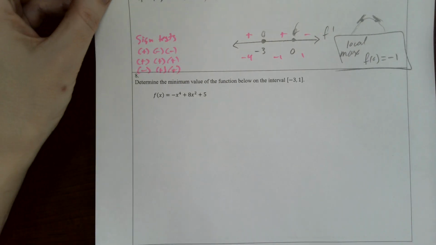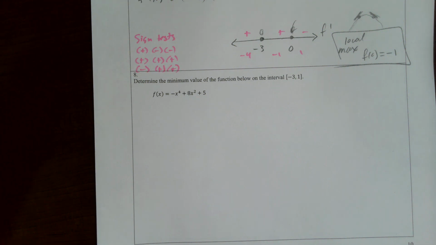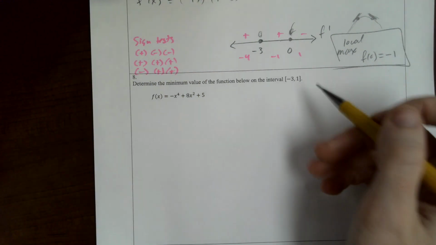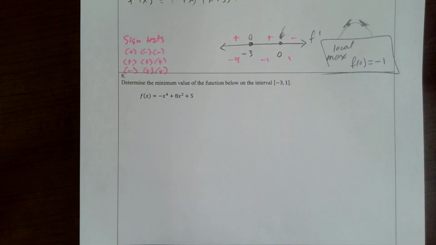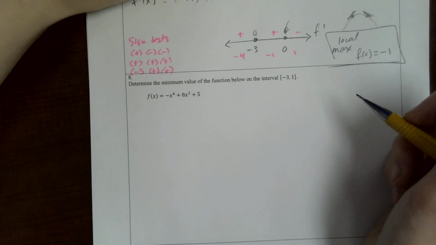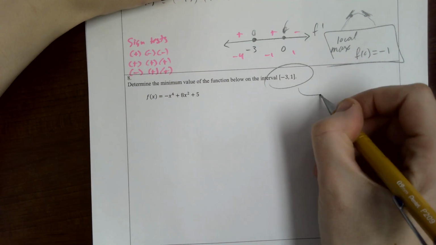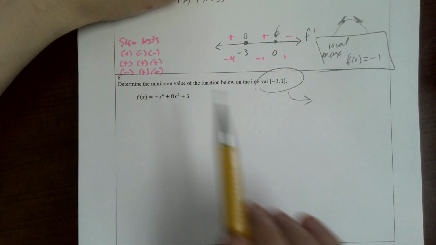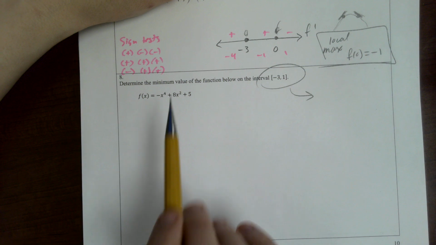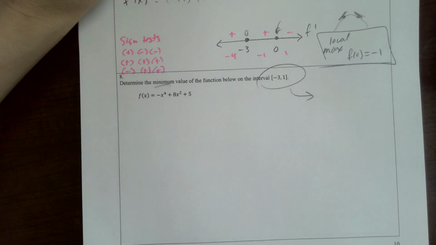Alrighty, guys, determine the minimum value of the function below on this interval. Guys, we learned the candidates test before graph facts because you don't need graph facts for an absolute max or min. How do you know you don't need graph facts if they say min or max?